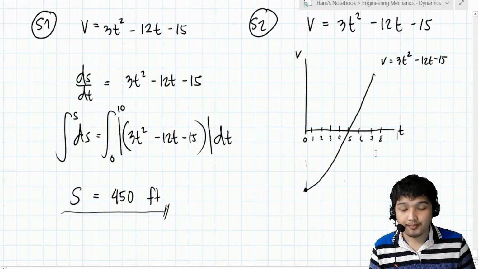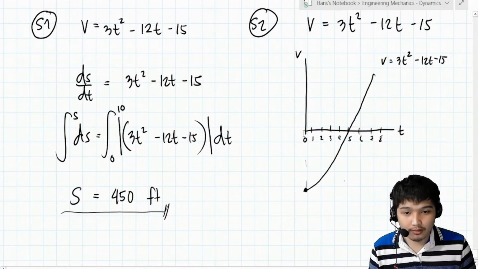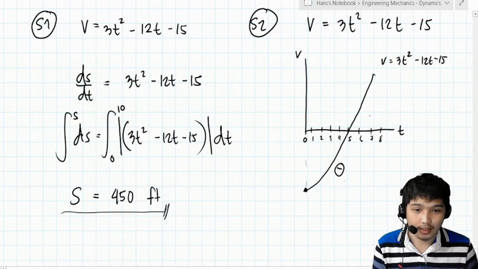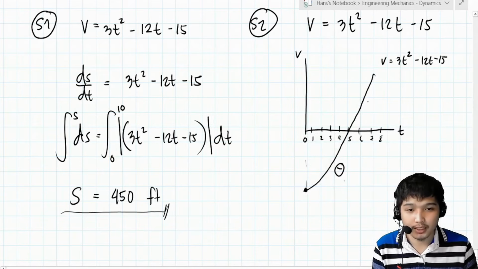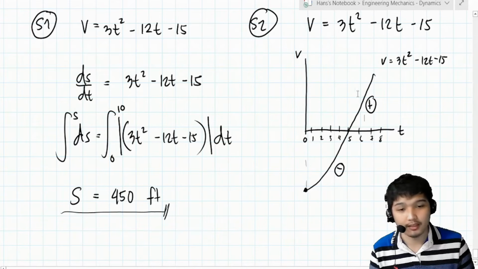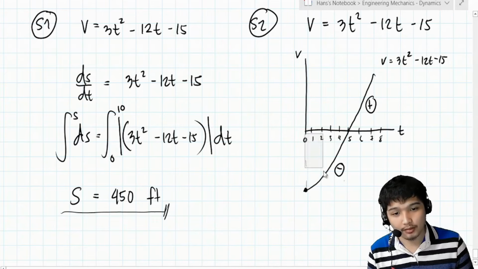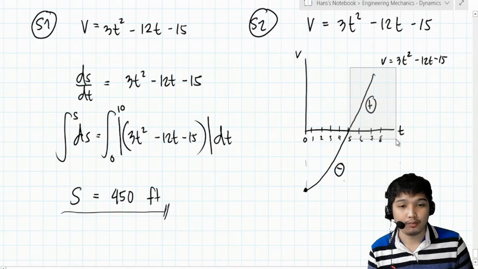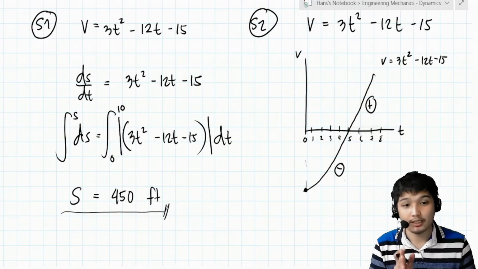Okay? So as you can see, from time is equal to 0 papuntang 5, the velocity is negative. And then, anytime after 5 seconds, the velocity is positive. So, ibig sabihin, dito siya umaatras. From 0 to 5, umaatras siya. And then, from 5 to 10, umaabante siya. So, yun yung cutting point natin, kumbaga.